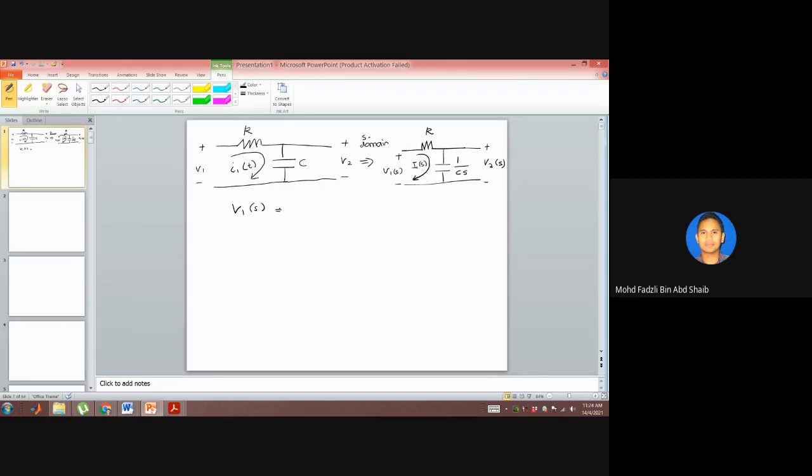Now V1(S) equals IR. When the current goes through here, we have I1(S) times R, and when the current flows to here, I1(S) times 1 over CS. So V1(S) equals I1(S) times R plus 1 over CS times I1(S).